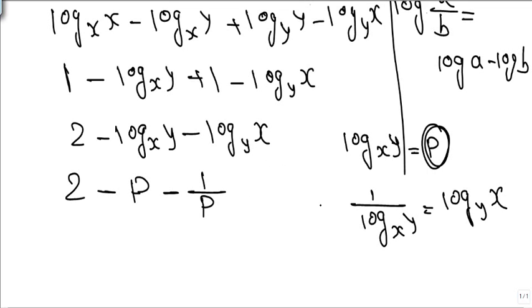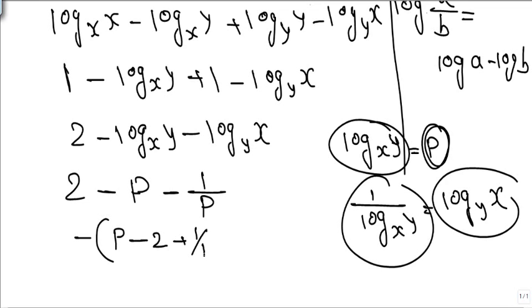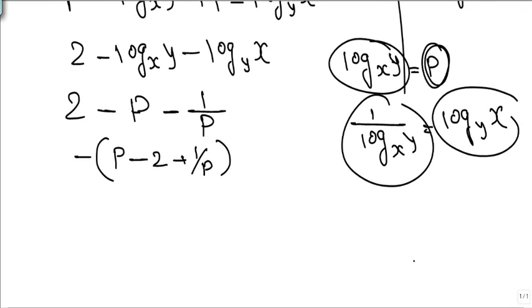I can always write it this way. I have taken this as this. So now I can write it as minus into bracket p minus 2 plus 1 by p. Why did I write it? Somewhere something has to come our way. This is nothing but root p minus 1 by root p bracket square. Check it. Everyone knows the square of root p is p, minus 2ab.